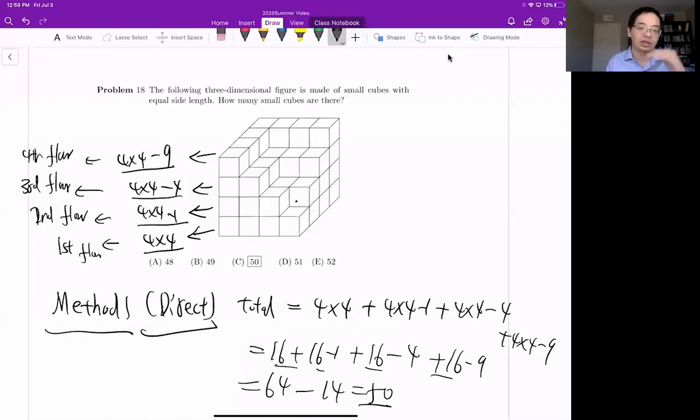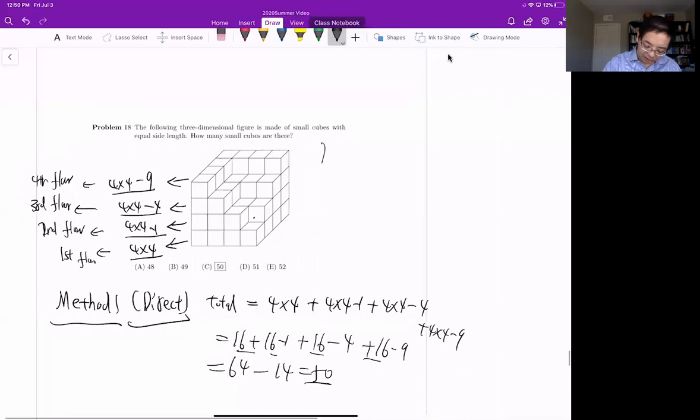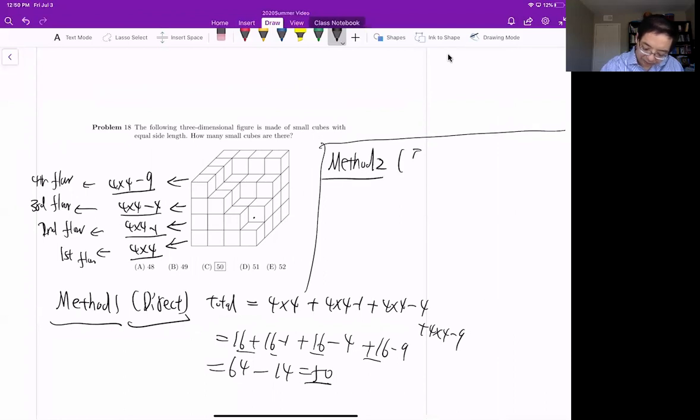So with this, we just go with the direct method. We directly calculate the number of blocks on each layer. Okay. All right, so now we can also do the indirect method. Method 2, indirect. Indirect is okay. So let's say this is a full cube.